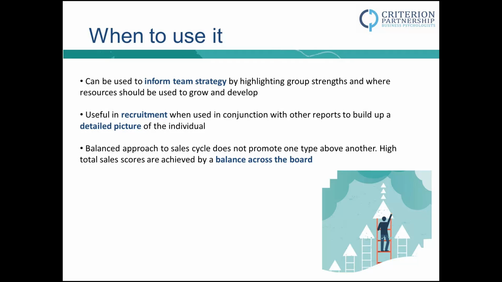So a high total sales score, that score I was talking about before, isn't achieved by being spectacularly good at one and then not being so strong on the others. You want them to be balanced across the board. And what this report does is show you what you're already confident with and what you have a good job match to, and tells you how to capitalize on that, but also highlights where you maybe should be spending more of your time for development.